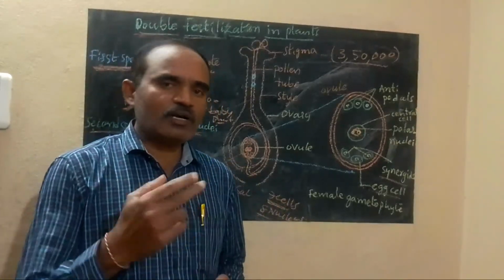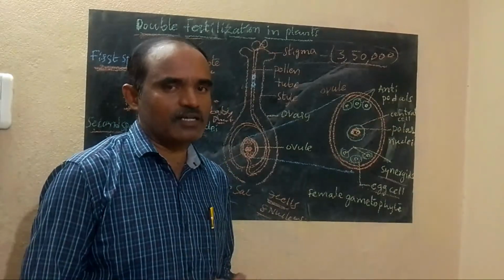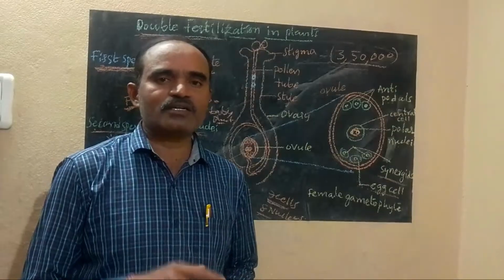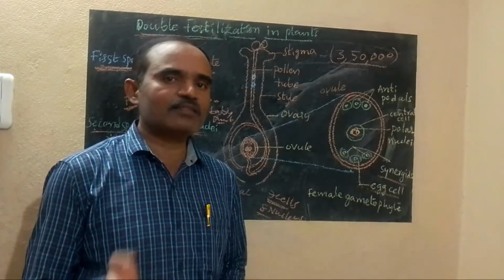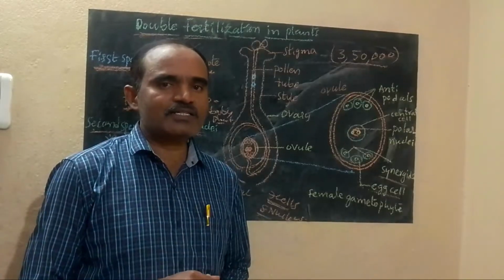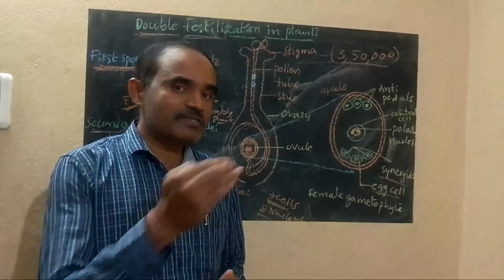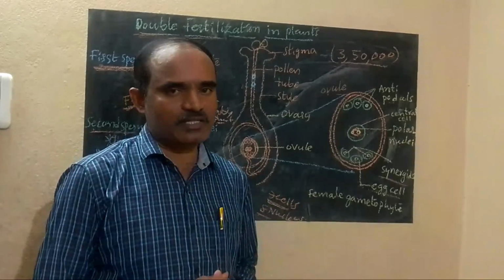Pollination has two types: self pollination and cross pollination. Transfer of pollen grains from anther to stigma of the same flower is called self pollination.